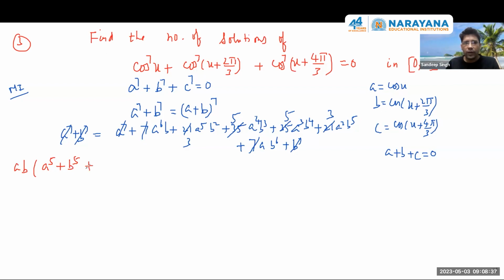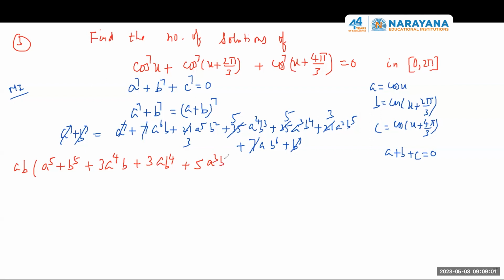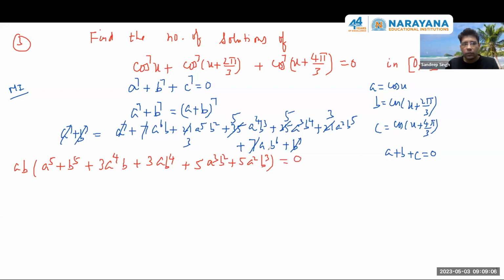Next, if I take ab common, so this will be, yes, 3 a power 4 b. Correct? Plus, again 3 a b power 4, and then 5, 5 how much? ab common. a cube b square. Correct. a cube b square and then a square b cube. So this is equal to 0. Now further, what I want to do with this also. So a power 5 plus b power 5 is also factorizable.